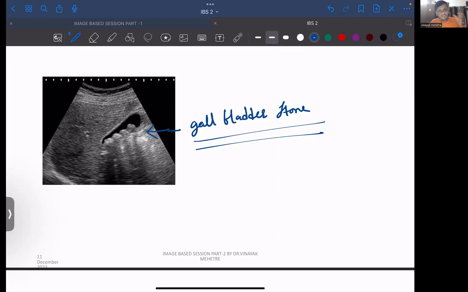गाल ब्लैडर स्टोन पहले प्रेजेंट होते हैं, उस पे इन्फेक्शन चढ़ता है, उसी को हम बोलते हैं acute cholecystitis.